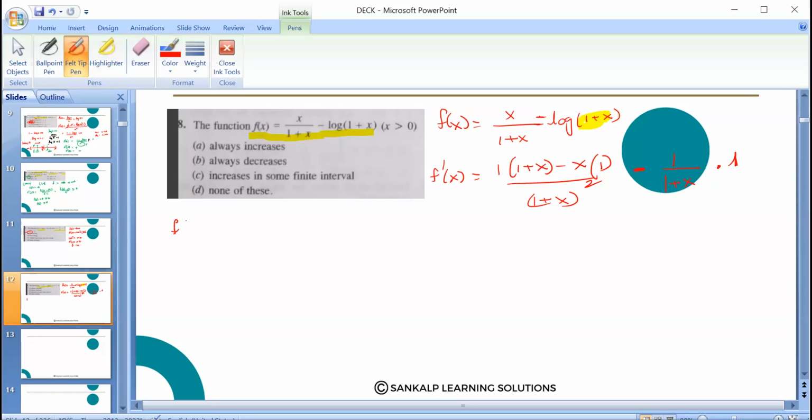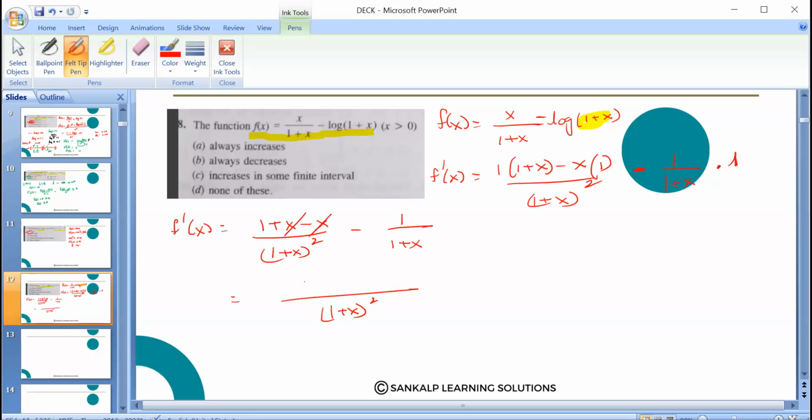Or I can write f dash x is (1 plus x minus x) by (1 plus x) whole square minus 1 by 1 plus x.